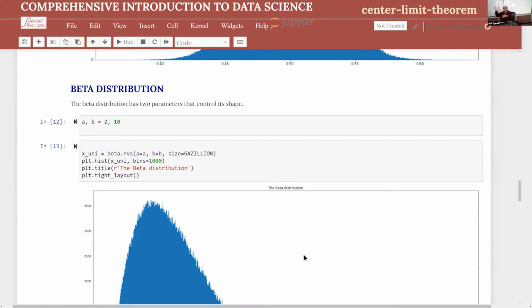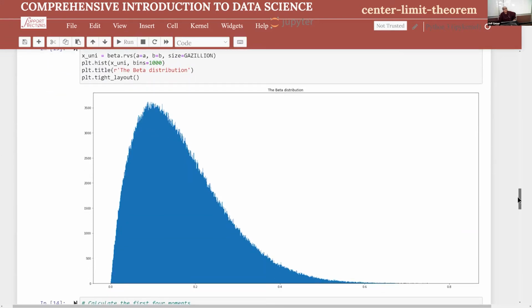It can become a fish, it can become a horse, whatever it is that you want. Usually they are evil characters. But the beta distribution is actually a benign character, with two knobs, a and b. As you turn a and b, the shape of the distribution changes. I'll show you, for a equal to 2, b equal to 10, it looks like this.